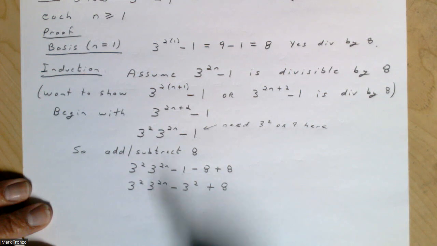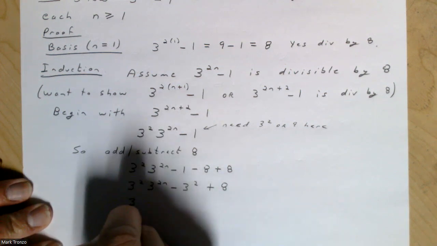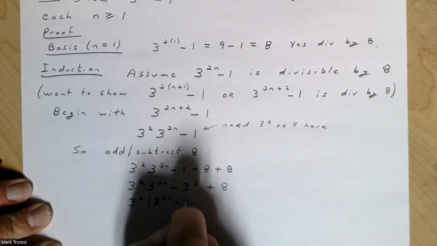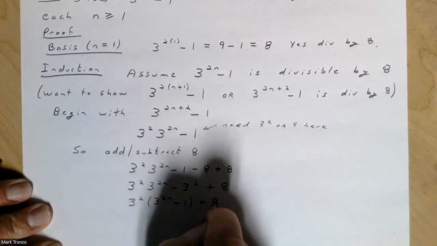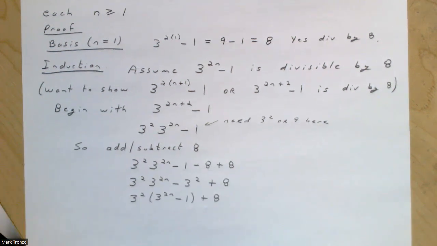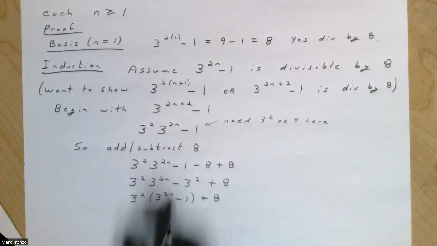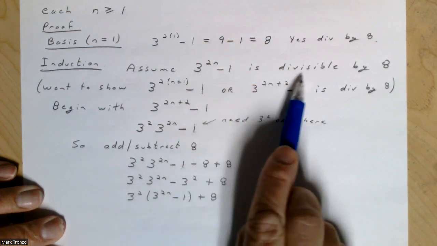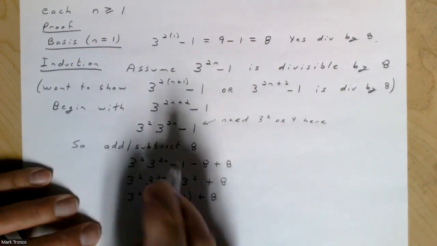Now we can factor out the 3 squared. That gives us this. And again, the reason we wanted to get to this is that we were allowed to assume that this is divisible by 8.